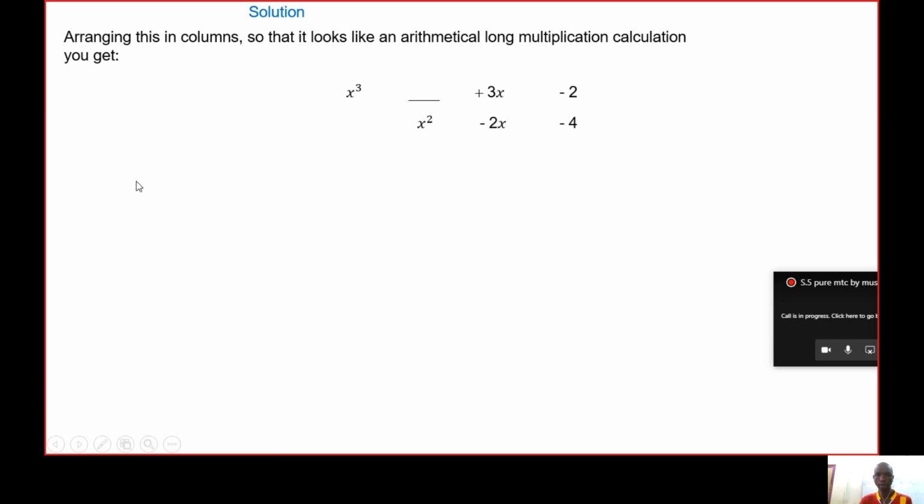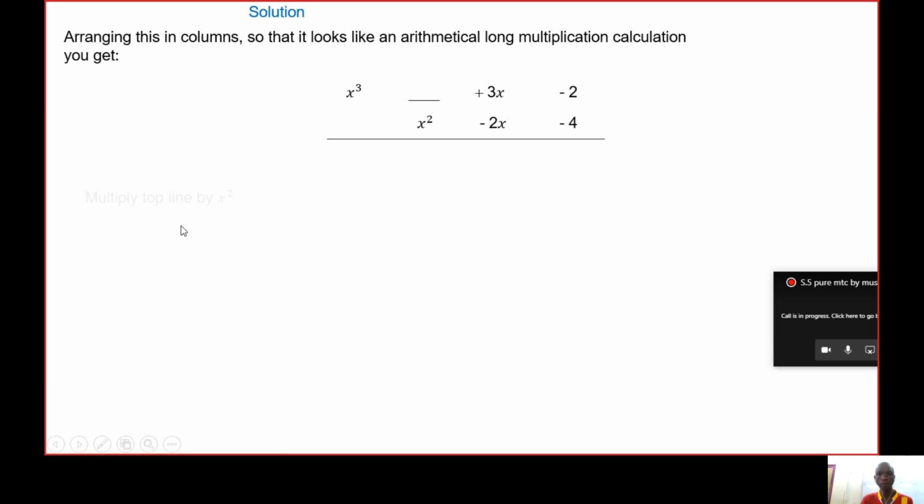These are terms of the first polynomial, and these are terms of the second polynomial. You rearrange them in descending order. For the first polynomial, the first term is x cubed. It has no x squared, so you leave a dash. So you arrange them like that.